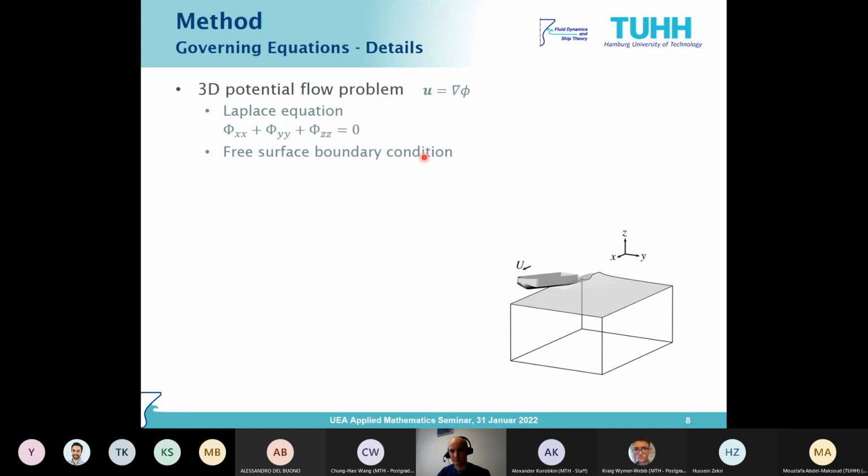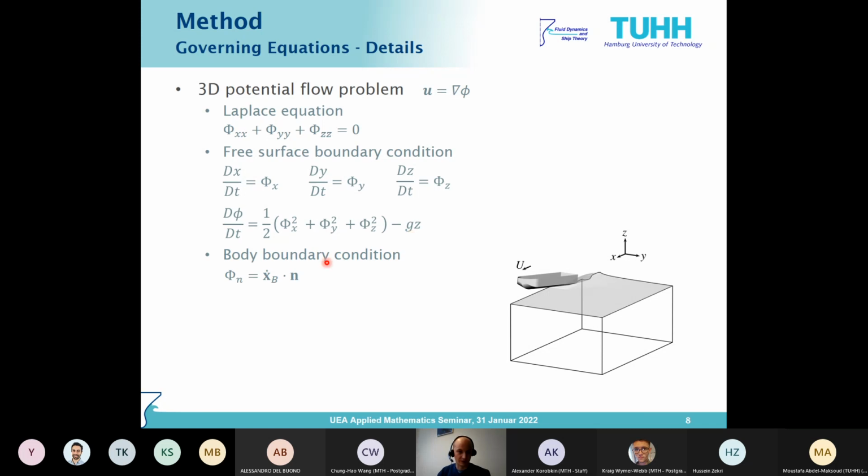And then we account for some free surface boundary conditions, which are the kinematic boundary conditions, which means that a particle on the free surface is moving with the flow velocity. And then there's the dynamic boundary condition on the free surface, which means that the pressure at the free surface is 0. And then there is a body boundary condition, which says that there is no flow going through the body.